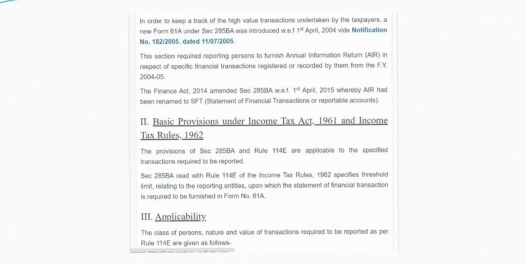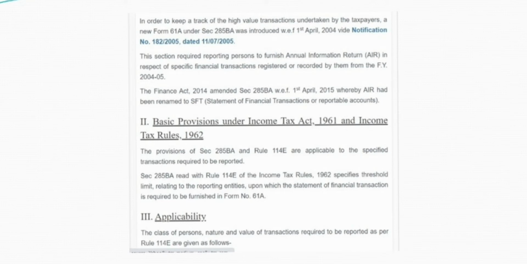This section required reporting persons to furnish an annual information report in respect of specific financial transactions registered or recorded by them from the financial year 2004-5. The Finance Act 2014 amended section 285BA with effect from 1st April 2015, whereby AIR was renamed as SFT, Specified Financial Transaction. That was the reporting thing. This is the basic history.